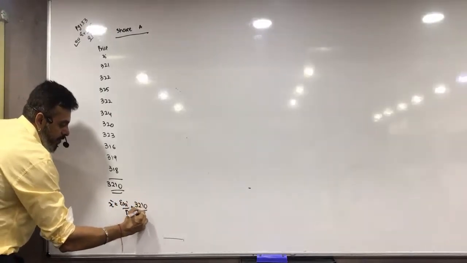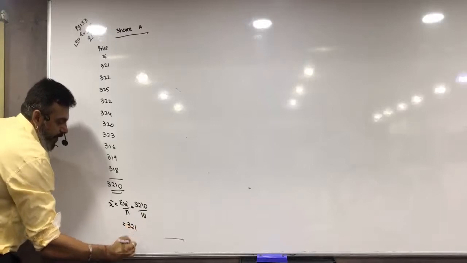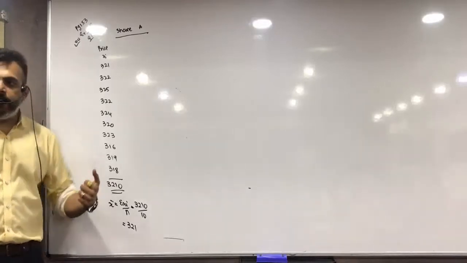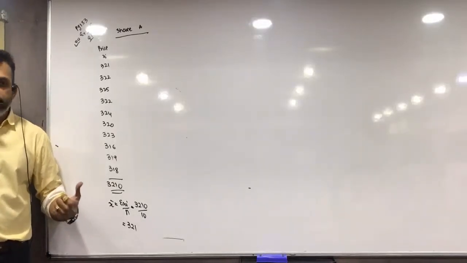So 3210 upon 10 is equal to 321. So it's not a fraction. So what formula will we use? Sigma xi minus x bar, the whole square.